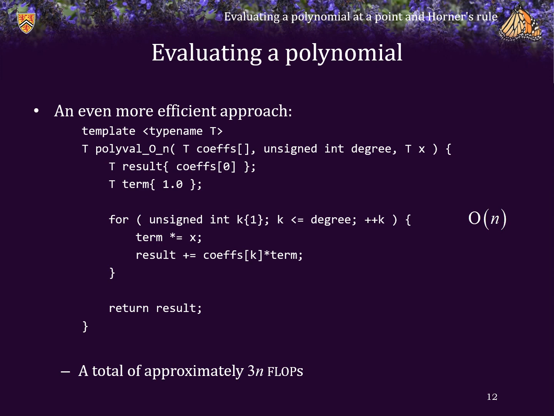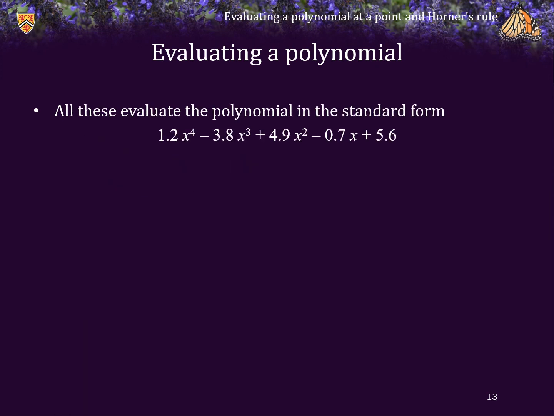So we started with a polynomial evaluation that was n squared, then we went down to one that was n log n, and now we are down to big O of n. Now, all of these approaches are the result of evaluating the polynomial in the standard form. The coefficient of the highest term times that highest term, and so on and so forth.